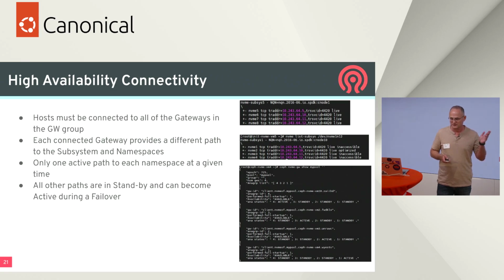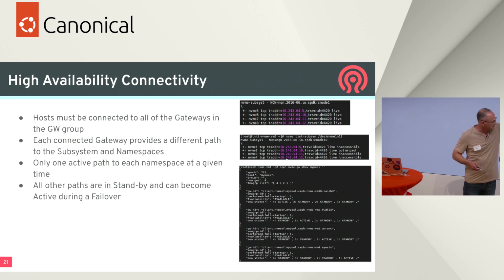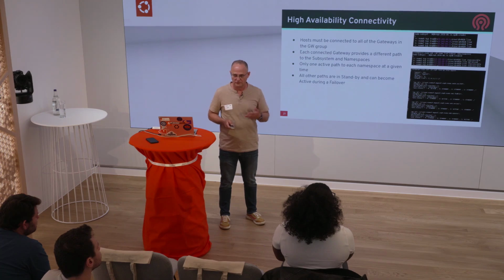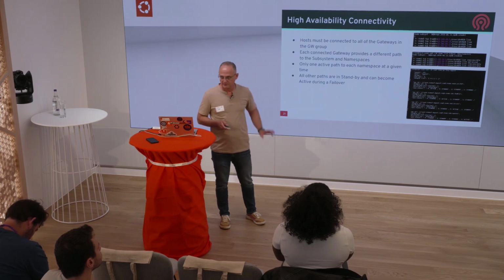The connect all command goes to this IP address, does discovery, gets the list of IPs of all gateways in the group, and automatically connects in a multipath to the gateway group. So you can see the multipath here. Each IP address is a different gateway. And below you can see a new Ceph command that we added, showing how the NVMe-oF monitor, which I will talk about in a minute, sees the status of the gateways. We'll talk about it soon.